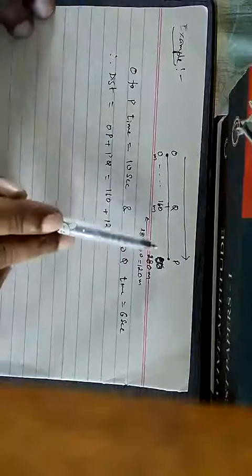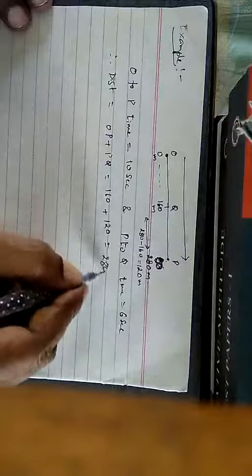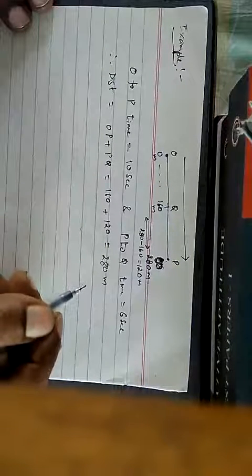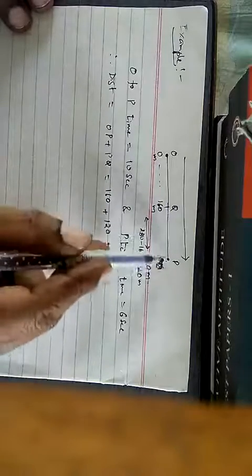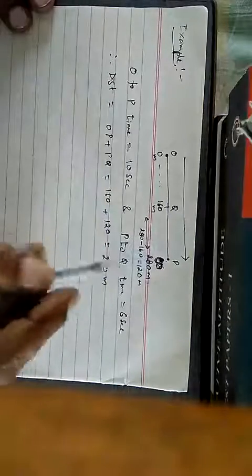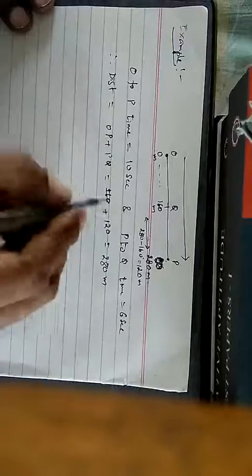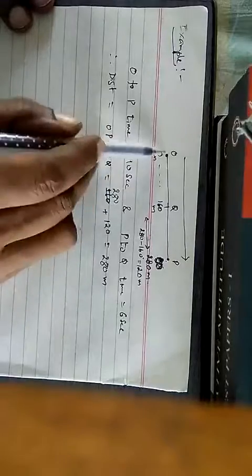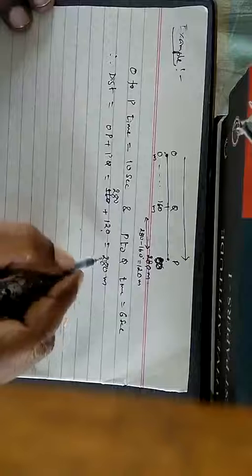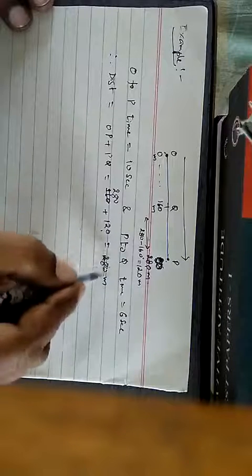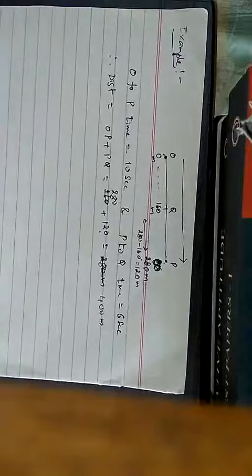Sorry, I have written here wrong. O to P distance is 280 meter. So 280 plus 120, it is a total of 400 meter. So this is the distance.